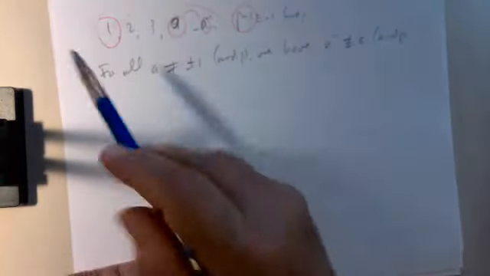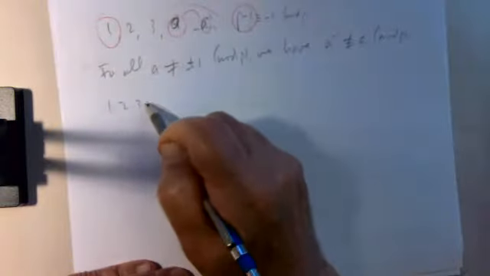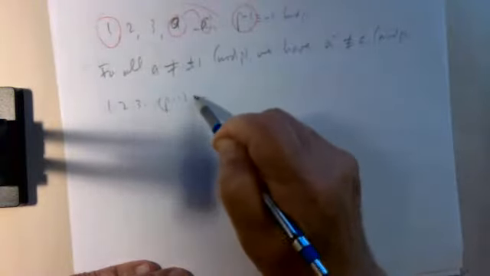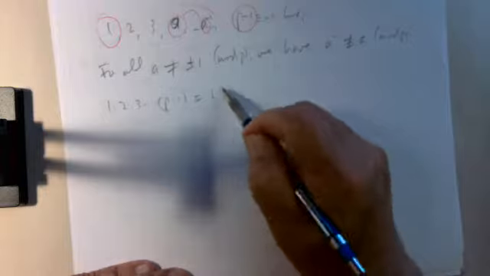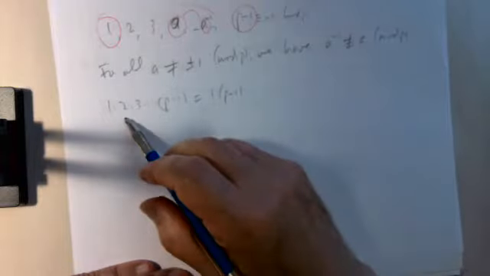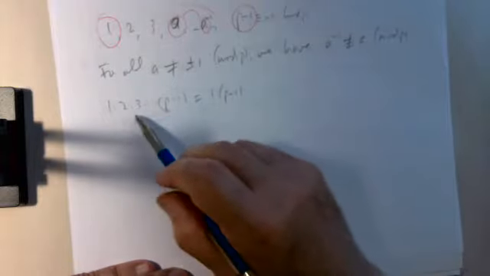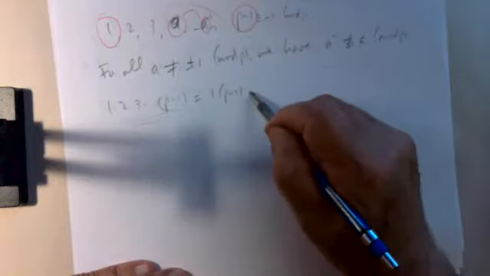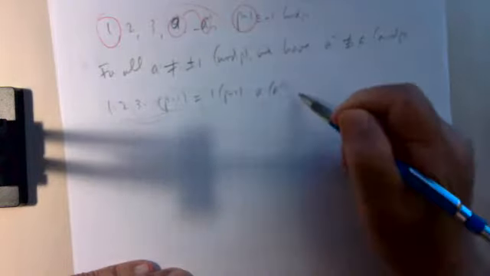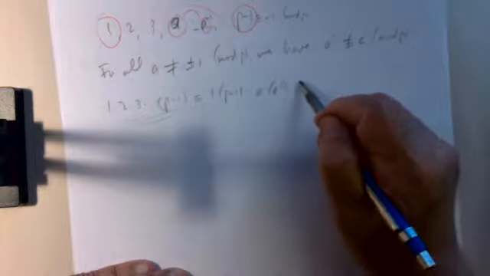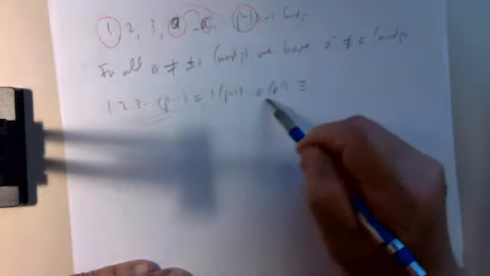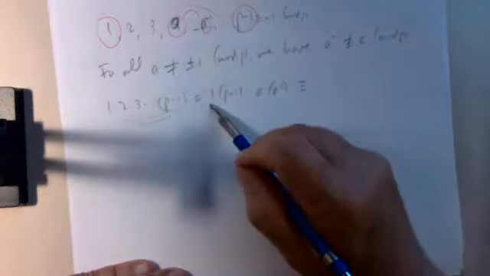So if you look at the product, 1 times 2 times 3 up to P minus 1, you have 1 times P minus 1. And for all the other numbers, you have the number times its inverse. And this is congruent to what? Well, this is congruent to 1. This is 1.